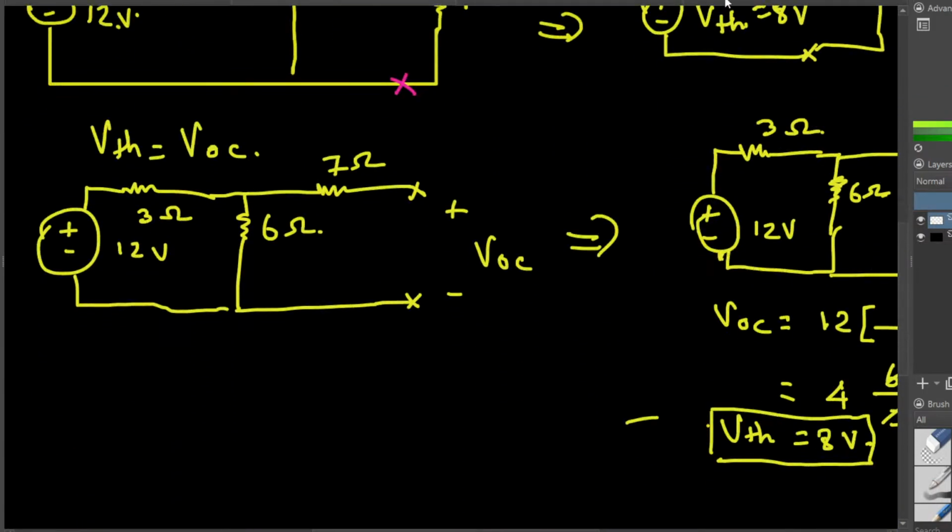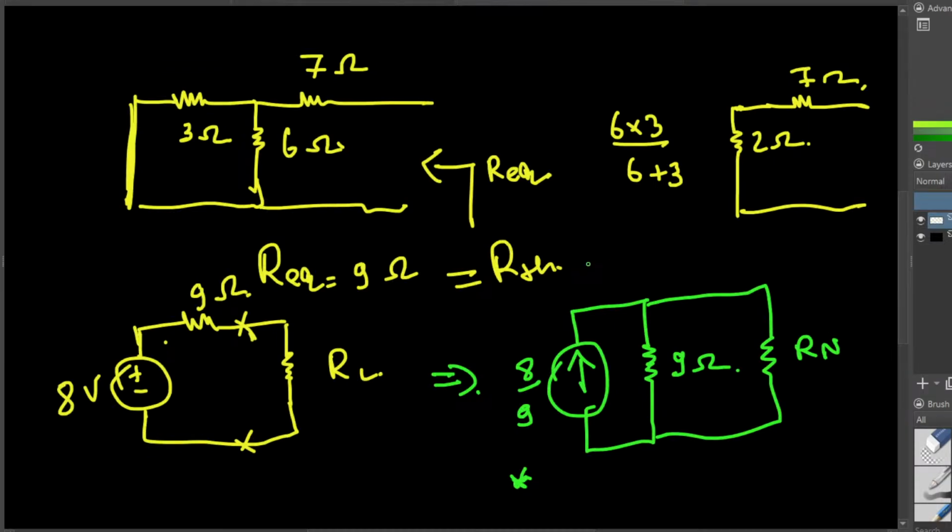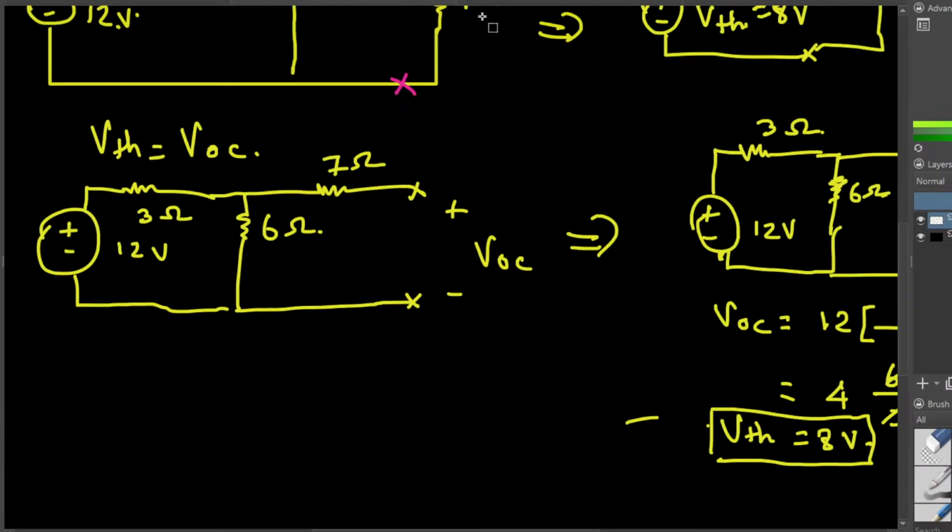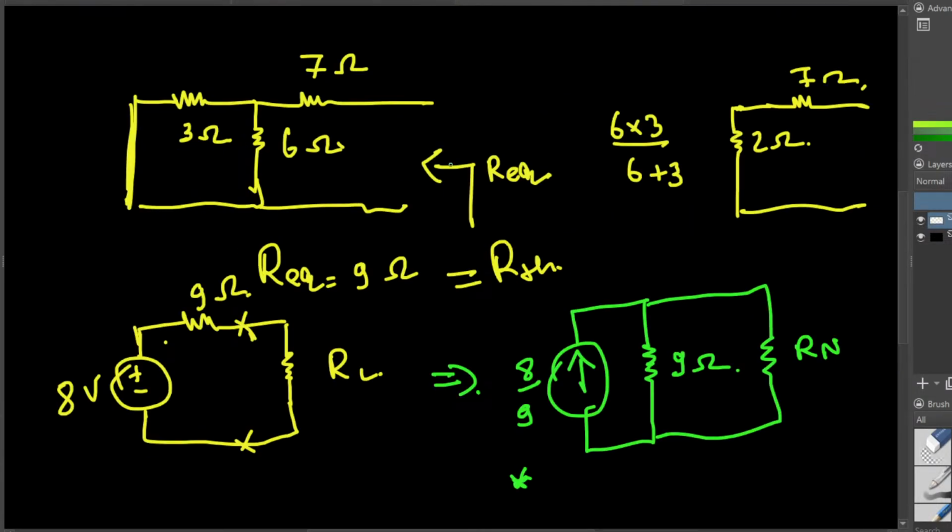We already calculated it. You can see here, this is the R equivalent. We found out the R Thevenin. This same value works for R Norton as well.